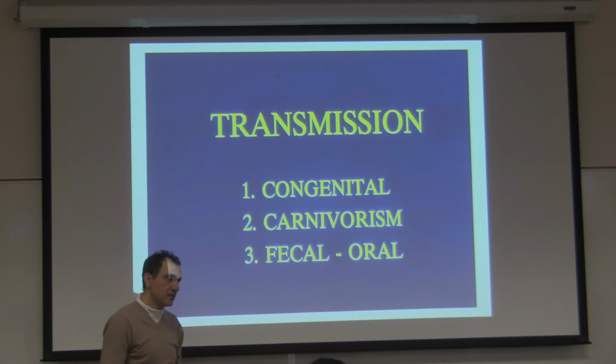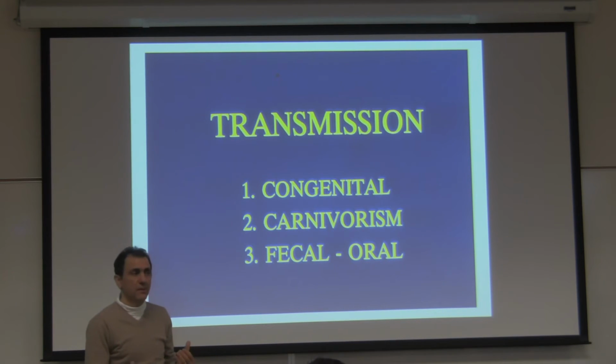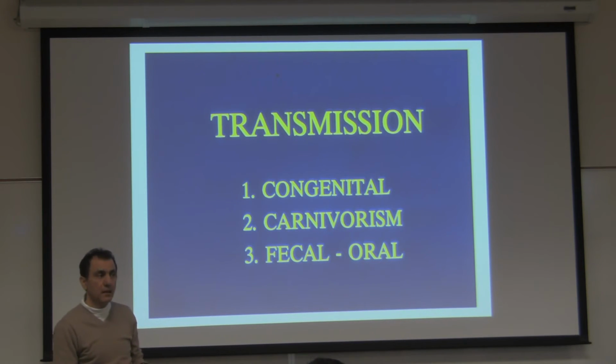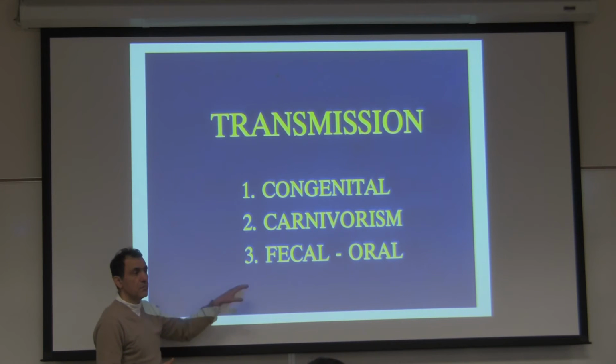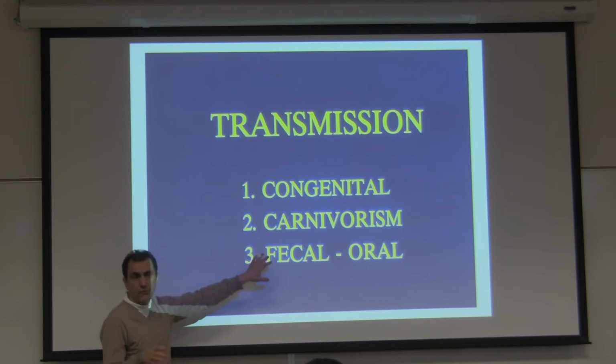Not cat feces, not any other methods, but it looks like, from a few studies done, that we humans become infected by eating pork. And of course, that pork has to be raw, not cooked. We'll talk about that temperature. And of course, fecal oral.